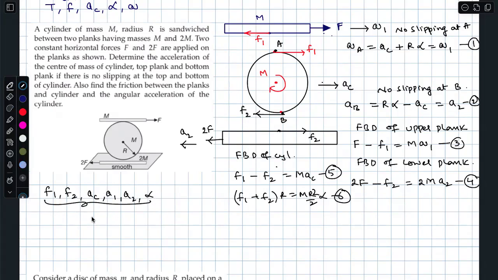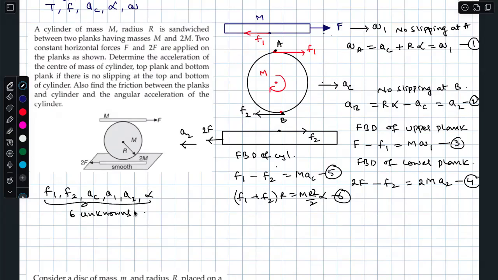So you have 6 unknowns and you have 6 equations, solving which you will get the desired conditions. By solving, you will get the values of F1 and F2. Of course, it's a jumbo calculation, I know. But still, you can comfortably get it.